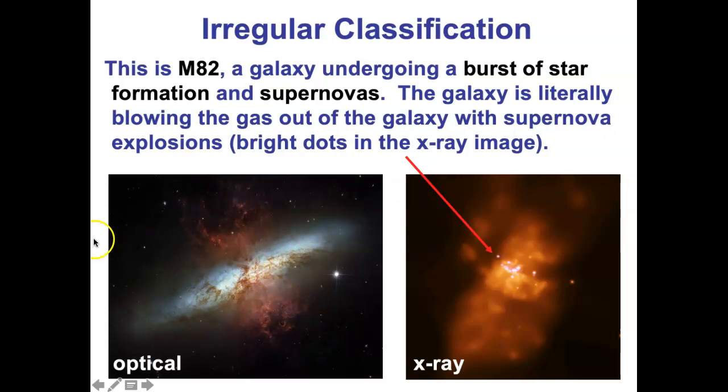What's going on? Well, it turns out when you look at this galaxy in the X-rays, this galaxy is a starburst galaxy. Starburst galaxies are galaxies that are undergoing massive star formation. Many times, they're forming many times more stars than our galaxy is. And that's why there's so many blue stars here, because there's so many young new stars.